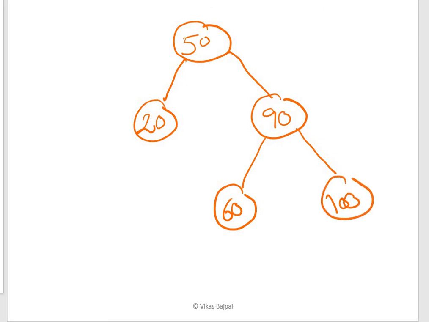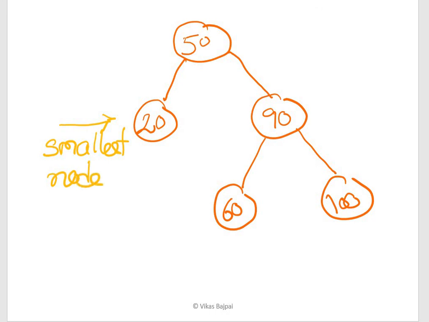The point to notice is that the leftmost node of the left subtree will always be the smallest node in a binary search tree, and the rightmost node will always be the largest node.